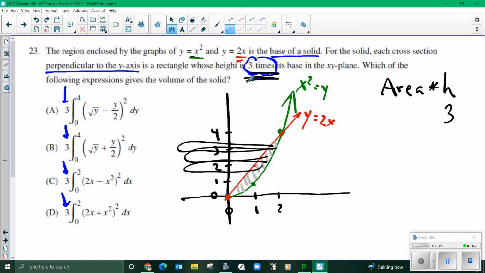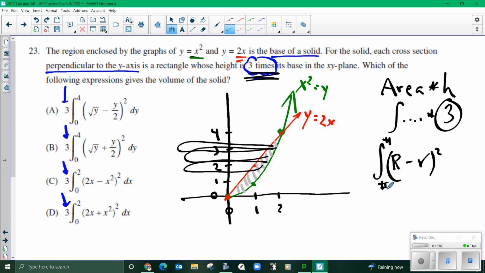So that's why I take my height and multiply it times my integration of the area. So if they're rectangles, in this case, I always take the bigger function and subtract the smaller one. So I'm going to integrate the bigger one minus the smaller one, and I square it. All right? And I got to have bounds here. I'm going to have some numbers here and some numbers here.